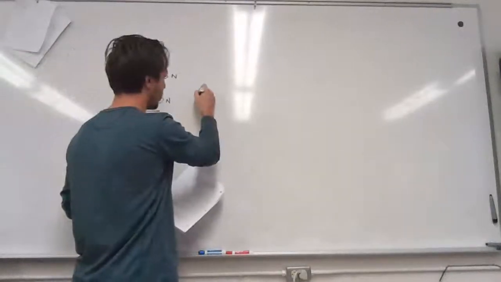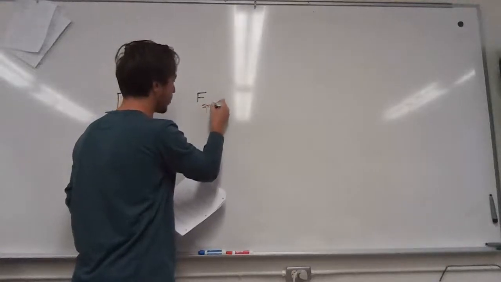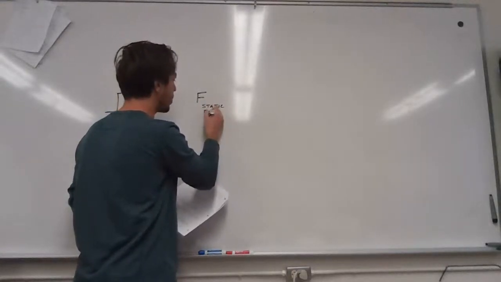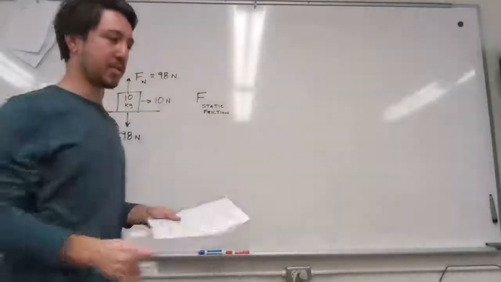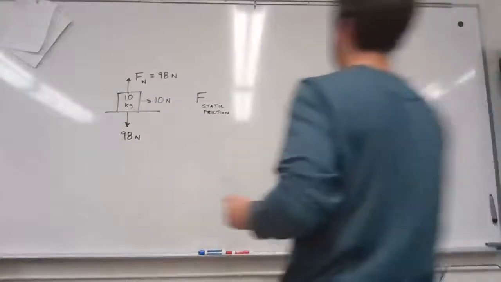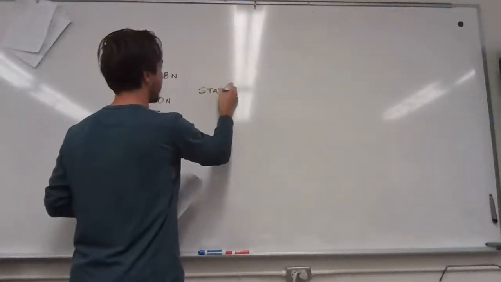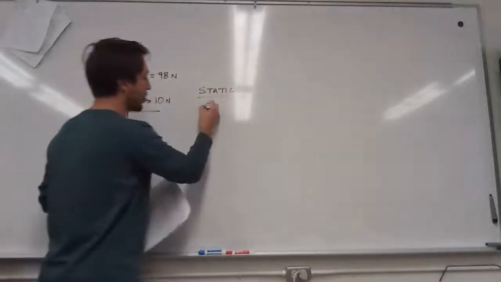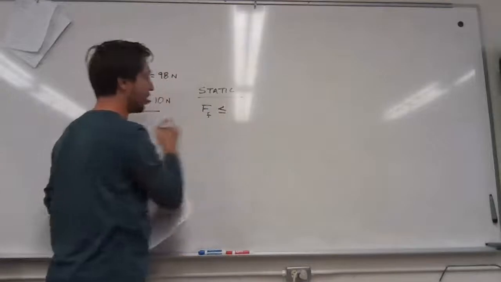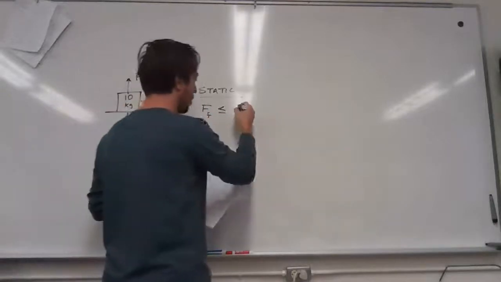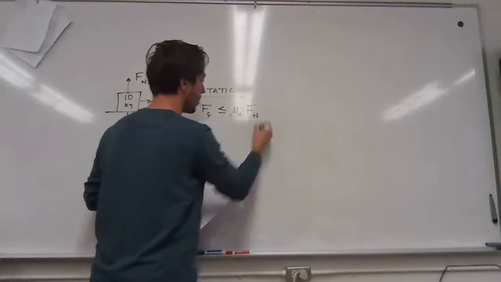So the force due to static friction, I know writing a subscript that's two whole words is annoying, so maybe abbreviate it, something like static. For the static scenario, the force of friction is anything up to mu sub s times the normal force.